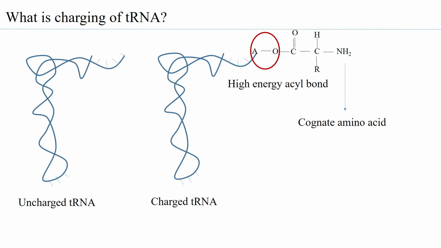Therefore, for seryl-tRNA, the cognate amino acid is serine. This accurate addition of amino acid to a tRNA is highly important. Who carries this out? It is aminoacyl-tRNA synthetases that carry this out.